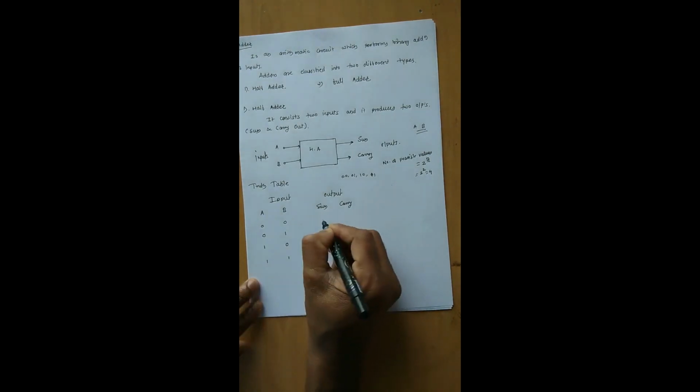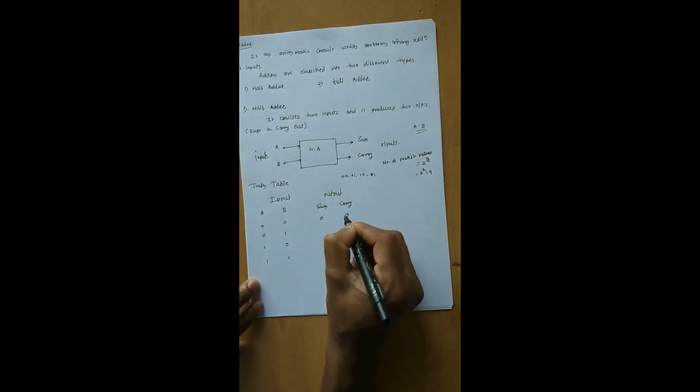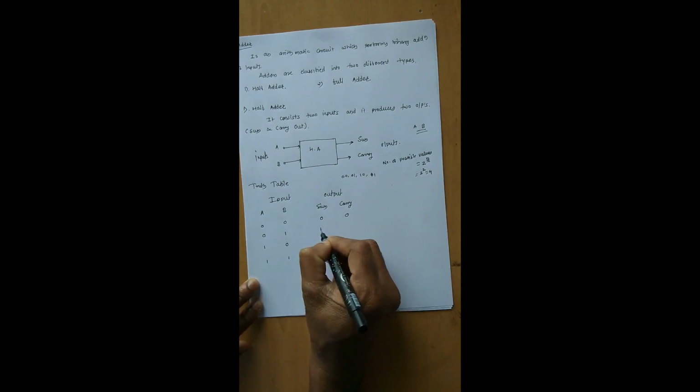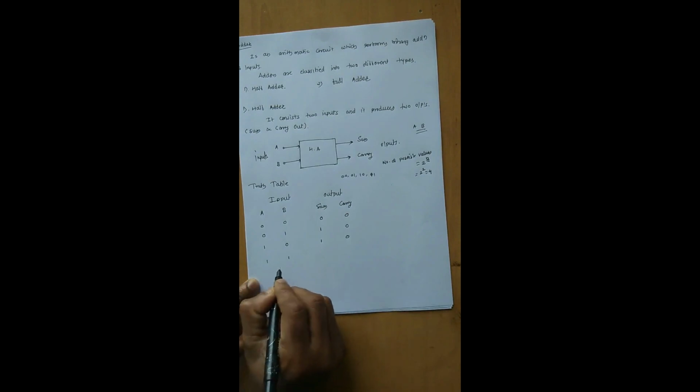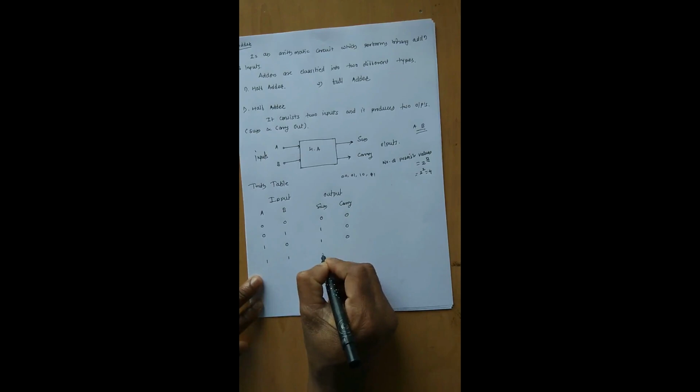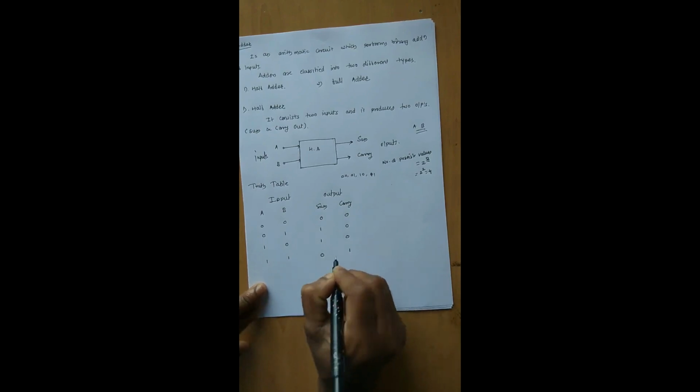What is the rule of binary addition? 0 plus 0, sum is 0, carry is 0. 0 plus 1, sum is 1, carry is 0. 1 plus 0, sum is 1, carry is 0. 1 plus 1, in this addition, sum is 0 and carry is 1. So this is the truth table.